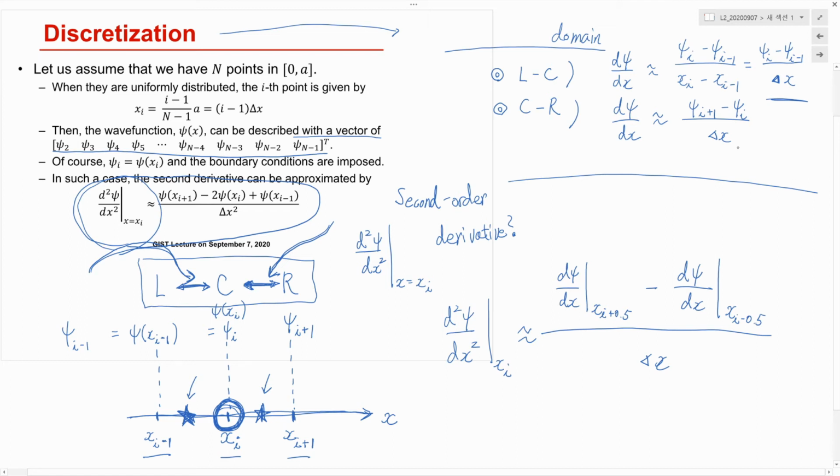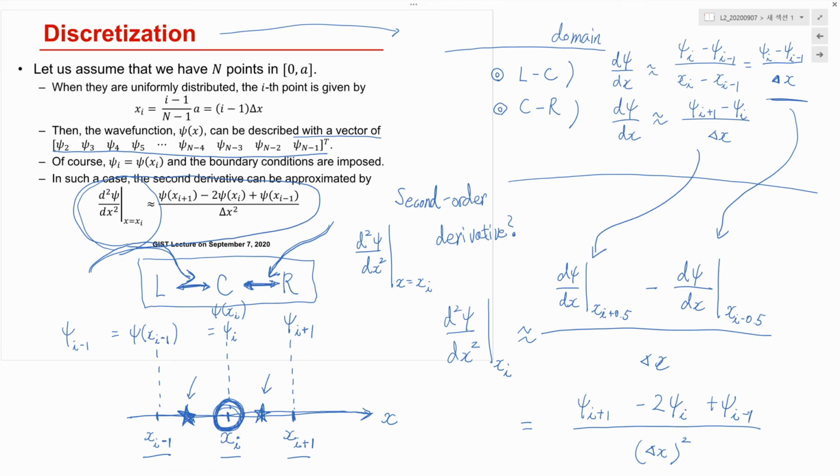When we insert the information like this and that, then eventually we have delta x squared here and psi I plus 1 minus 2 times psi I plus psi I minus 1. That becomes an approximation for the second order derivative defined at x equal to x sub I.